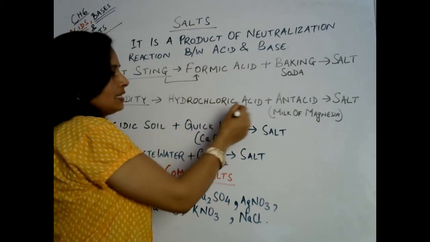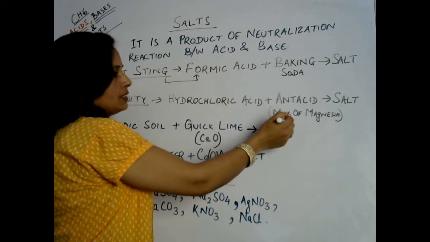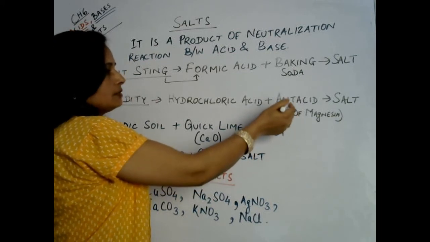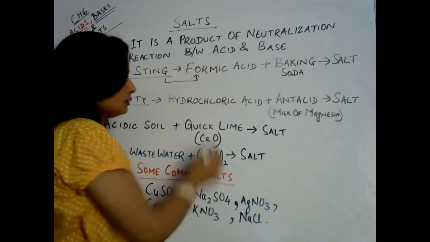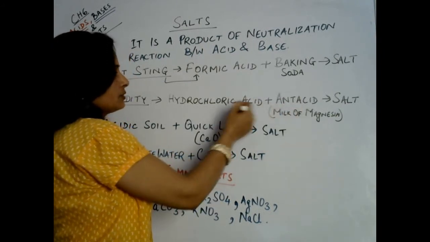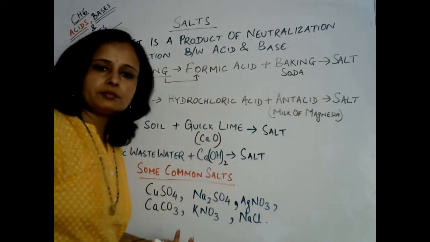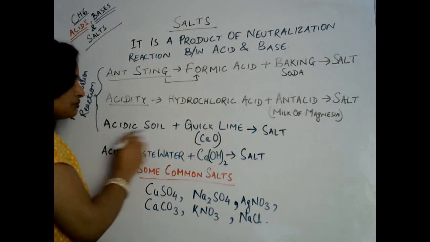Then we take a medicine, an antacid, milk of magnesia, to neutralize the acidic effect. Milk of magnesia is magnesium hydroxide, and again salt is formed. That is a neutralization reaction. Clear?